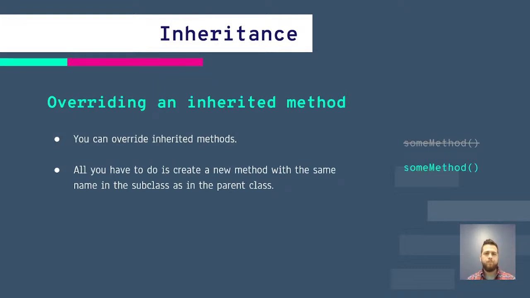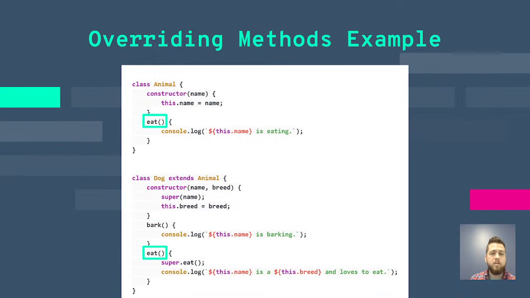Cool. So if we are inheriting properties and methods, we can override those methods if we want to change them. And the way we do that is we just create a new method in our subclass, our child class, however you want to say it, with the exact same name, and it will override whatever method that we inherited. So here's an example of that.